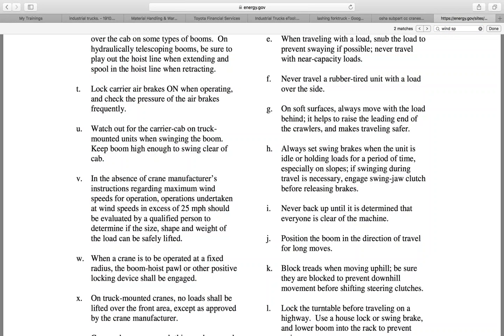Okay, here you go. And since I have manufacturer's instructions regarding maximum wind speeds, operations undertaken over 25 miles an hour, same thing, it's going to have to be evaluated by a qualified person. Okay, so 20 miles an hour with personnel is the limit unless a qualified person deems it safe. 25 miles an hour with equipment and materials attached, as per the Department of Energy.